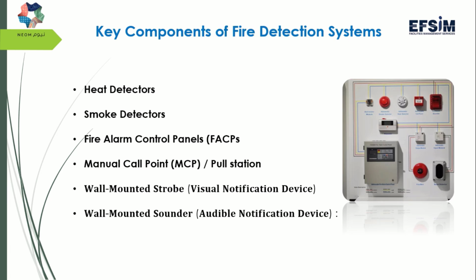As you can see on the slide, the key components of our detection system are heat detectors, smoke detectors, beam detectors, I mean all kinds of detectors, control panel, manual call points, pull stations, strobes, and also the sounders. We can discuss the spacing, the distance from the roof, and everything in this lecture.